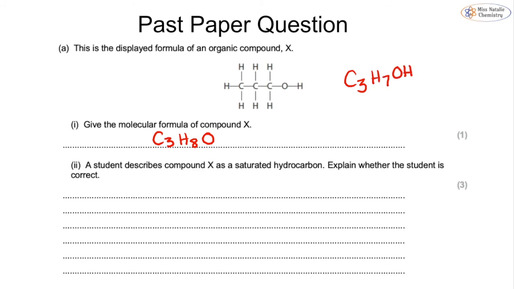Sometimes you may see that written out, and whilst that is a formula for this propanol, it's not the correct molecular formula. Sometimes you'll write out the OH so that we know that this is an alcohol, but a molecular formula doesn't take into account any functional groups. It's simply how many carbons, how many hydrogens, how many oxygens. So that would not be accepted.